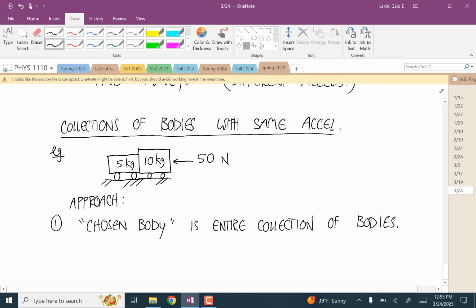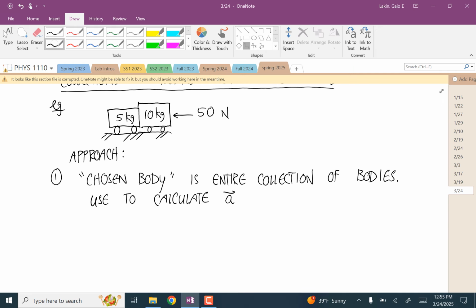And you're going to use this to calculate the acceleration vector. Okay, and the benefit of this is once you calculate the acceleration for the whole system, that's the acceleration you can use for the individual bodies too.